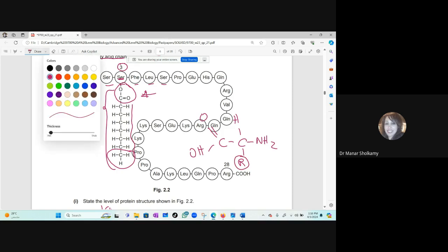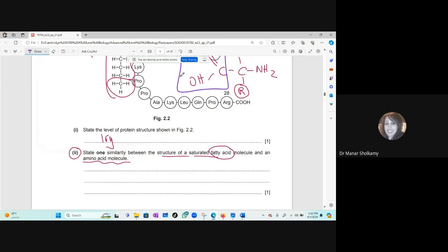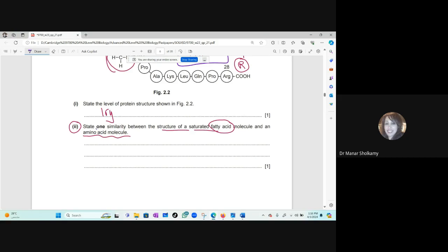So what is the common one? We said it in class. This is the only functional group that is found in amino acids and fatty acids. Which group? The carboxylic acid group, the COOH. So this is the only one similarity.